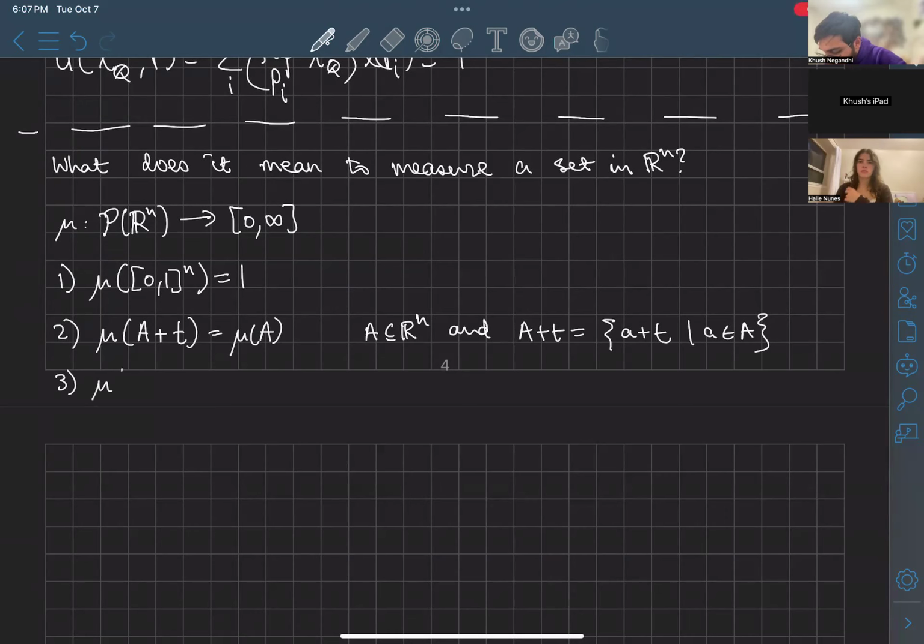So if I take mu of the disjoint union, let's say countable disjoint union, it should just be the sum, and so the volume of the union is just the sum of the individual volumes. So now my question is, does such a function exist? What do you think? Do you think such a function exists?